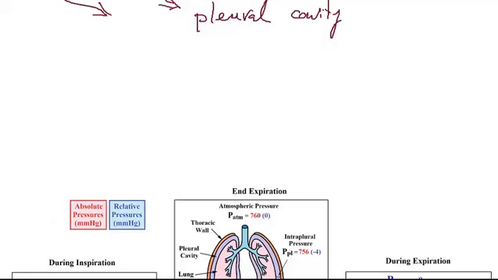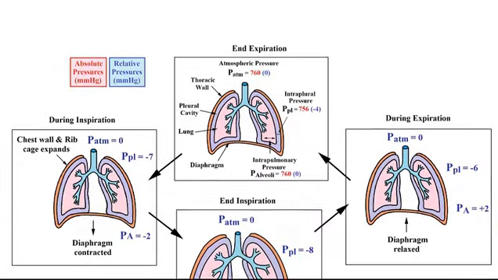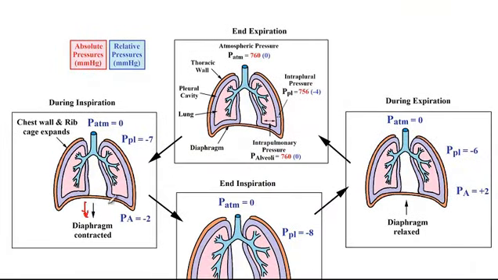So basically during inspiration, we have contraction of the diaphragm, which flattens and moves inferiorly, and we also have the external intercostal muscles, which will help elevate the rib cage and move the sternum anteriorly. So by contraction of the diaphragm and by contraction of the intercostal muscles, the chest wall expands and the diaphragm moves downward.